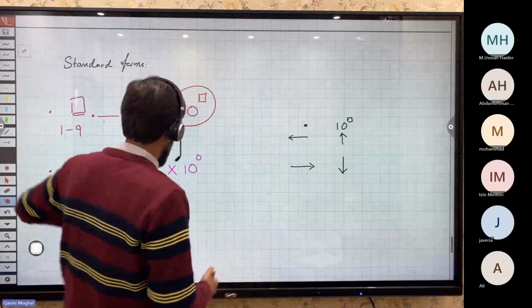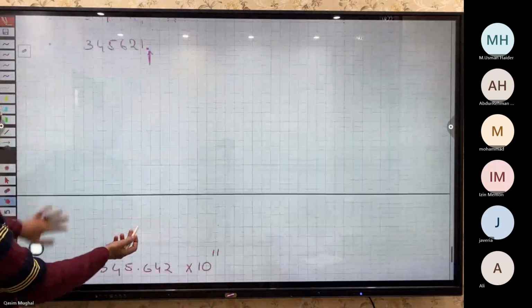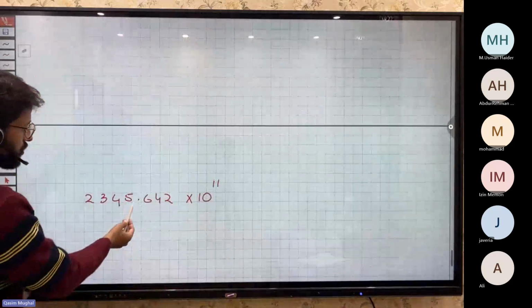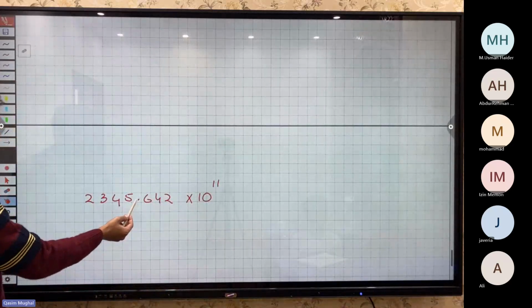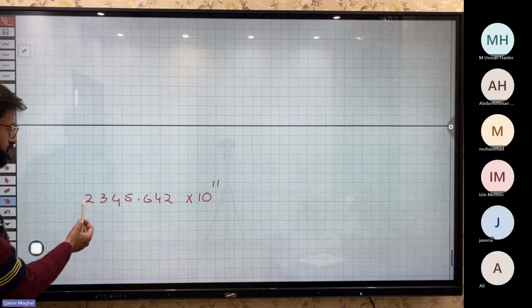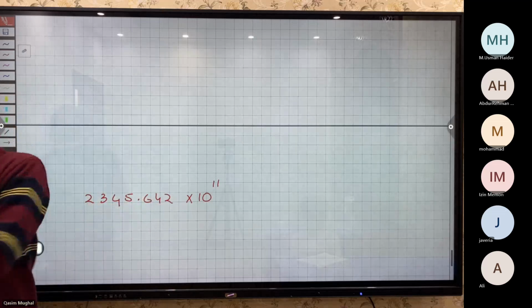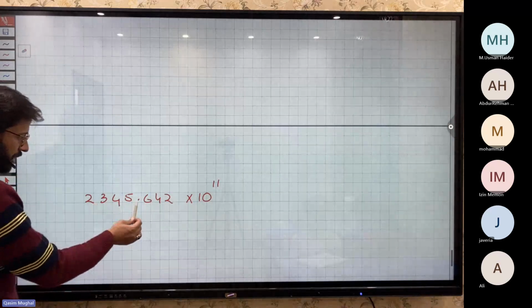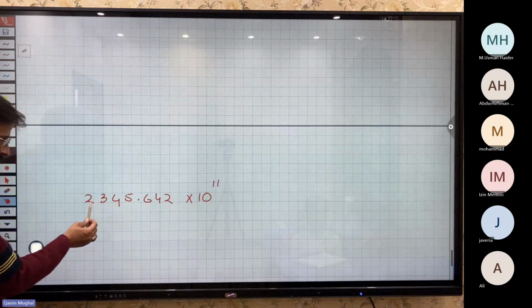For this number to be in standard form, the decimal should be between 2 and 3. So in order to bring the decimal here, I'll be moving it to the left.